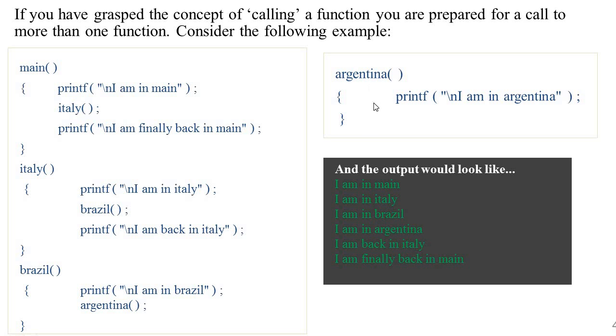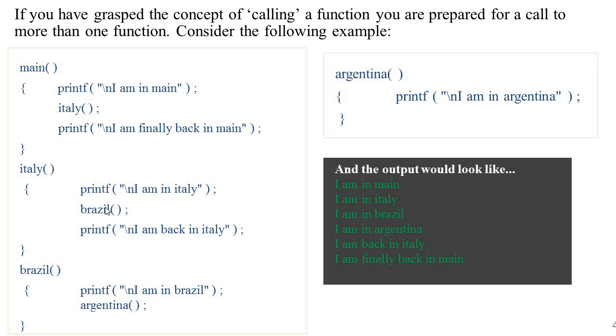Whenever a function is executed, control goes back to the point where the function call was made. So where was the call for Argentina made? Over here. Now this is the Brazil function. At which place was the Brazil call made? Over here.